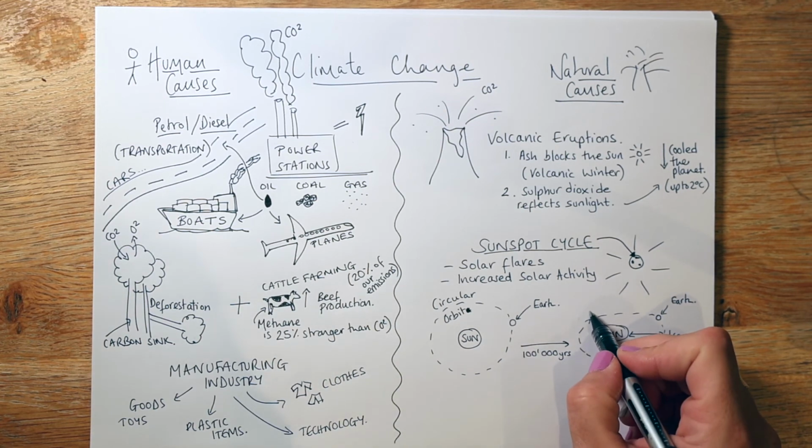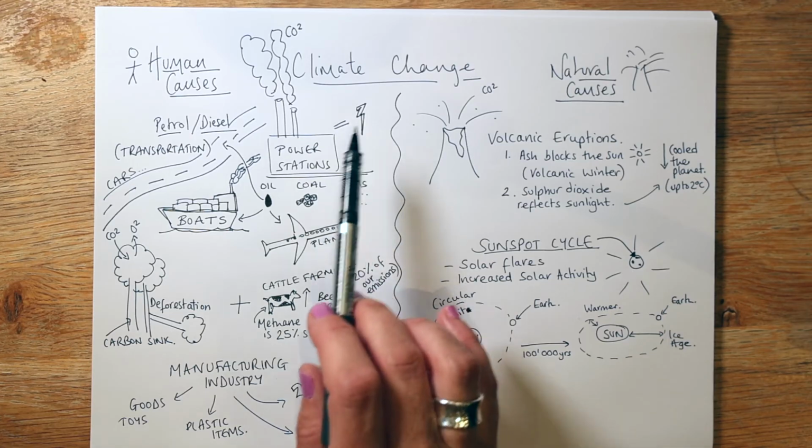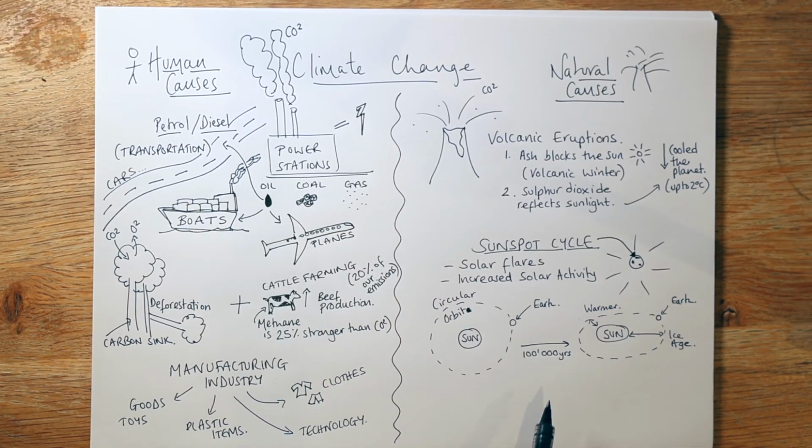Okay, and then when it's smaller, as I said, it's warmer. So that's about every 100,000 years. Obviously that process will have a huge impact on Earth's climate. But the climate change that we're seeing evidence of at the moment, that's happening much quicker than this. So we're pretty sure, well, we're certain it's more about human beings and what we're doing.